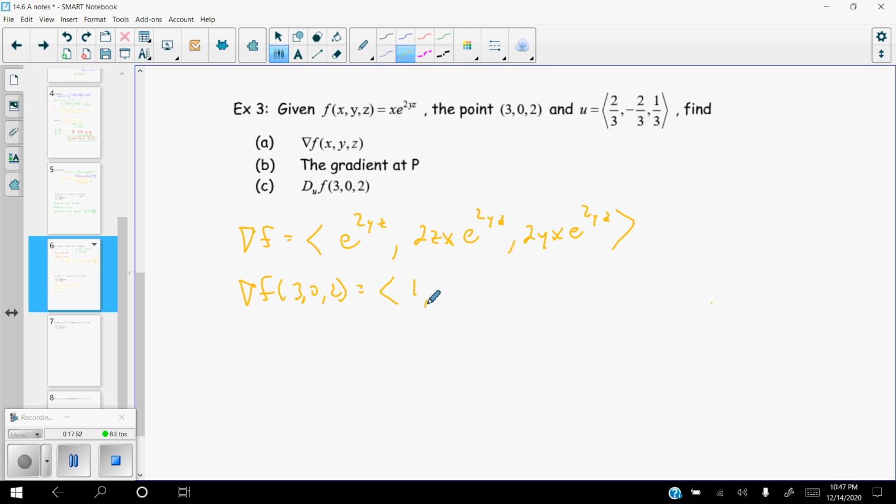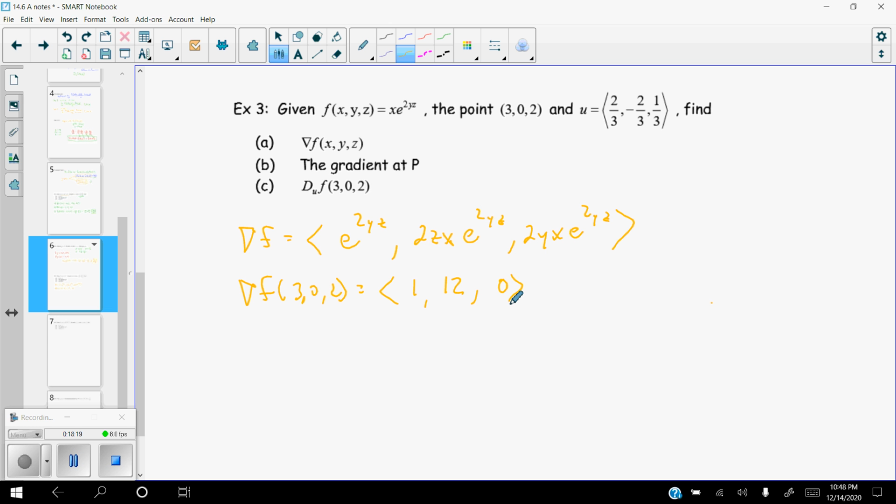I'm going to have a y in all of these, so every one of these e parts is just going to go to 1 because it's e to the 0. So then it's going to be 2 times z times x, which is 2 times 3, which is 6, times 2 is 12. And in the last one, I also have a y on the outside, so that whole thing is 0. So there's my gradient of f.